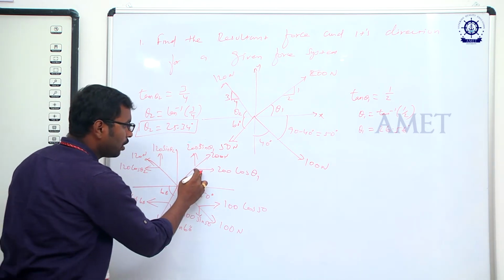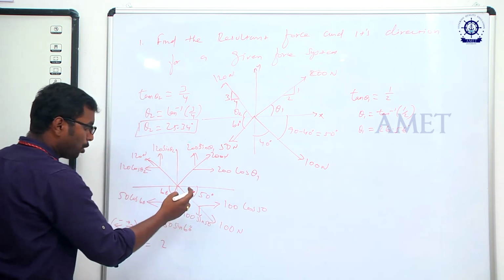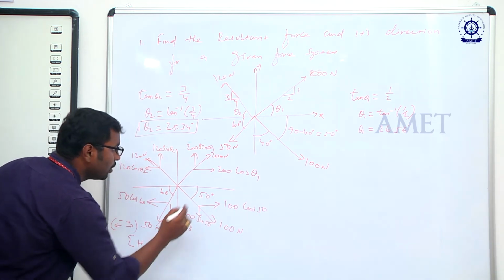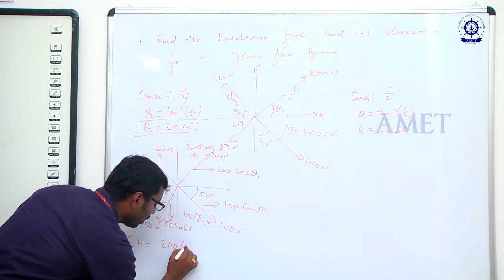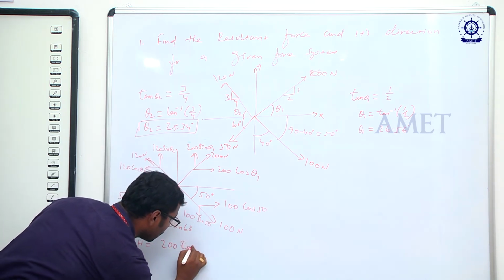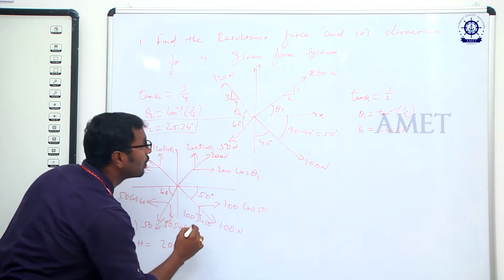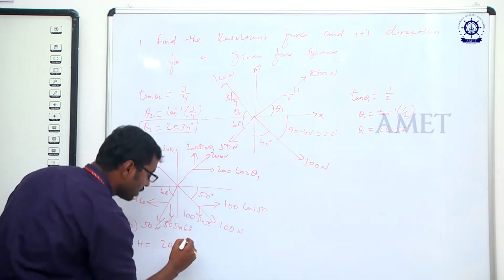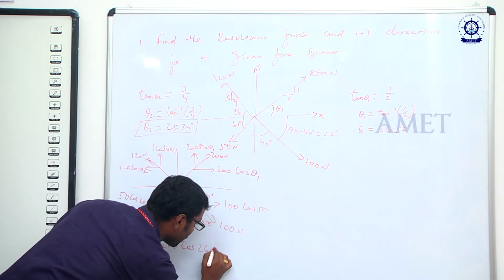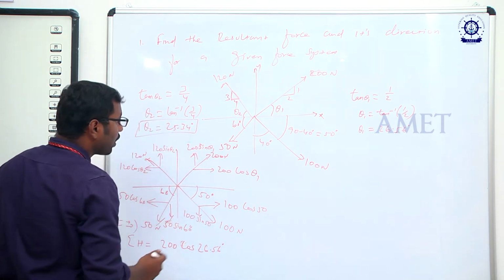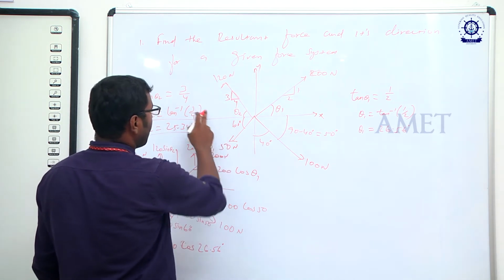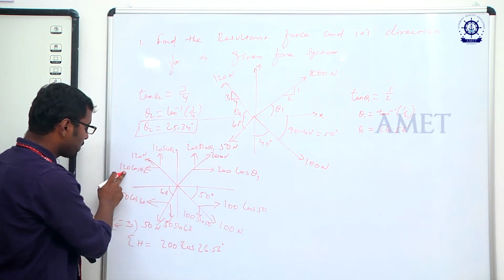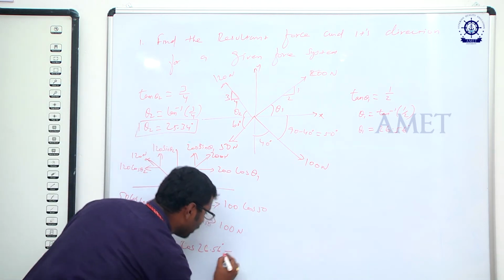It is acting towards the right side, so I am going to give a positive sign here. So, 200 cos 26.56 degree. The next force is acting towards the left side, so I am going to give a negative sign.